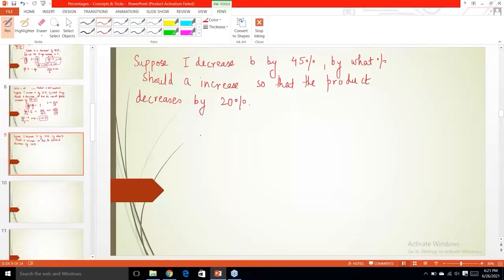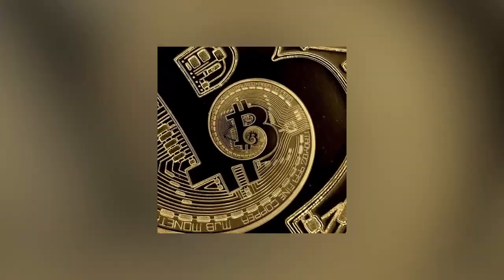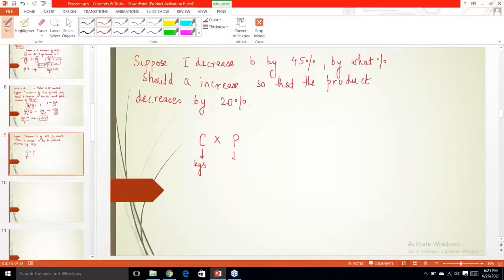What happens is that you consume, let's say, C kgs, right? This is in kgs, let's say. Consume C kgs, and then there is a cost or a price, which is per kg, right? Price per kg, and that defines your expenditure. Now again, it's the use of the same concept. If you increase your consumption, your price per kg must reduce in order for the expenditure to be constant, right?